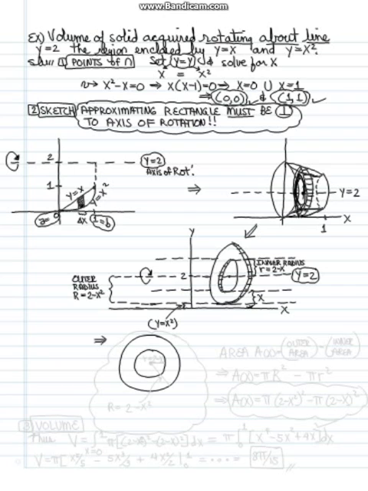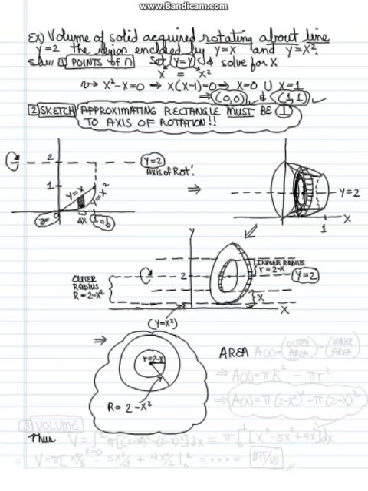All right, let's look at a bird's eye view of this. There's our inner radius, 2 minus x, and our outer radius, capital R, equals 2 minus x squared. So instead of having x and x squared, we have 2 minus x and 2 minus x squared, since our axis of rotation is the number 2.